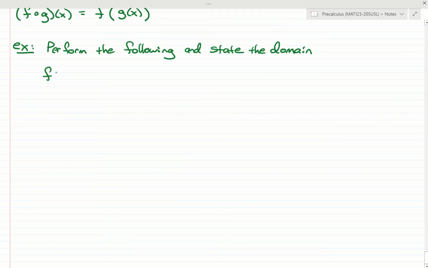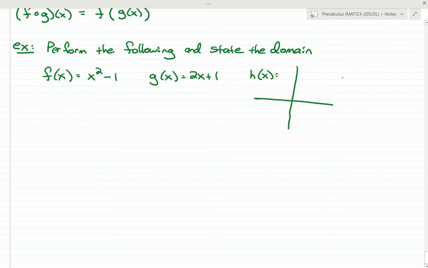In this example, f of x is going to be x squared minus 1, and g of x is going to be 2x plus 1. And h of x is actually going to be a graph. We've done examples like this before, where the graph is 1/2 x plus 2. So we'll go up to 2, go up 1 over 2, and that's what the graph will look like.